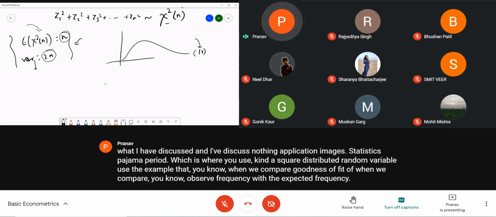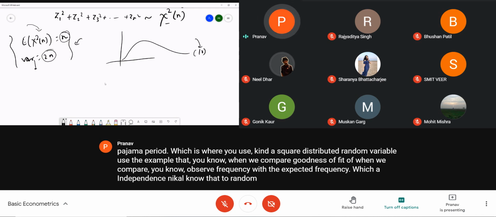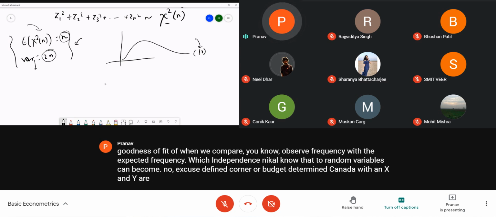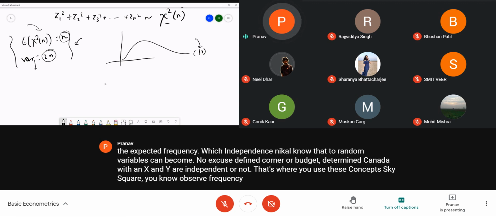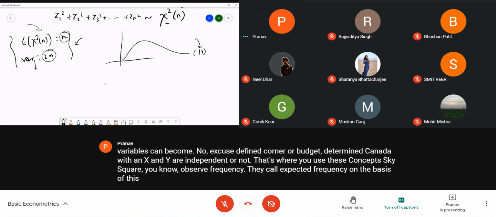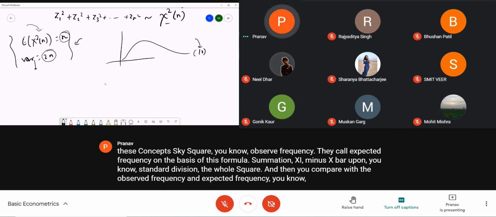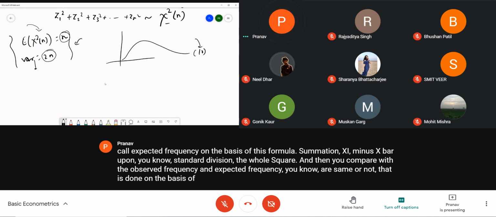When I have to check independence between two random variables, x on one side and y on the other, and determine whether x and y are independent or not, that's where you use chi-square. Look at the observed frequency and the expected frequency on the basis of this formula, summation of (xi minus x bar) upon standard deviation, whole square. Then you compare whether the observed and expected frequencies are the same or not. That is done on the basis of chi-square.